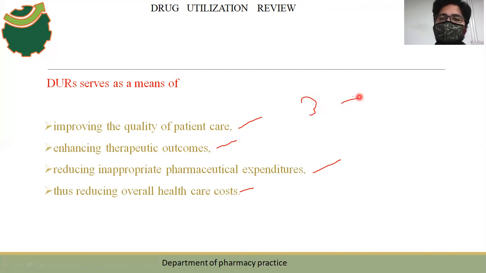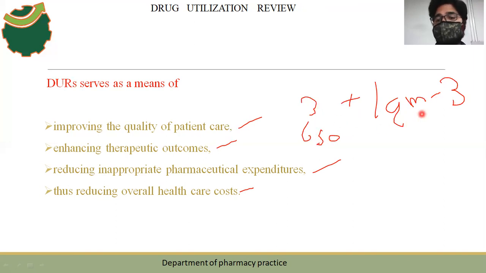Along with that, he had been given 1 gram of IV paracetamol 3 times. So what's happening here? 650 mg oral 3 times and 1 gram IV 3 times.